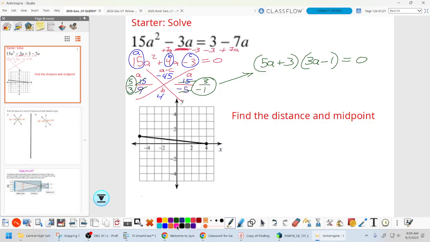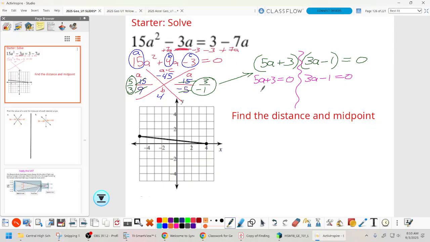Okay. At this point we use the zero product property and we say if these two factors multiplied make 0, then one or both of them is 0. So we go figure out where that happens. We say 5a plus 3 and we set that equal to 0. Same thing on the other side. And now just solve each of these little mini equations for a.